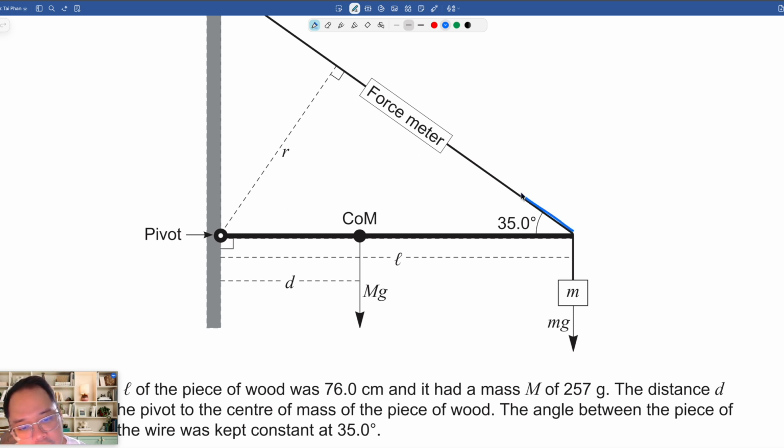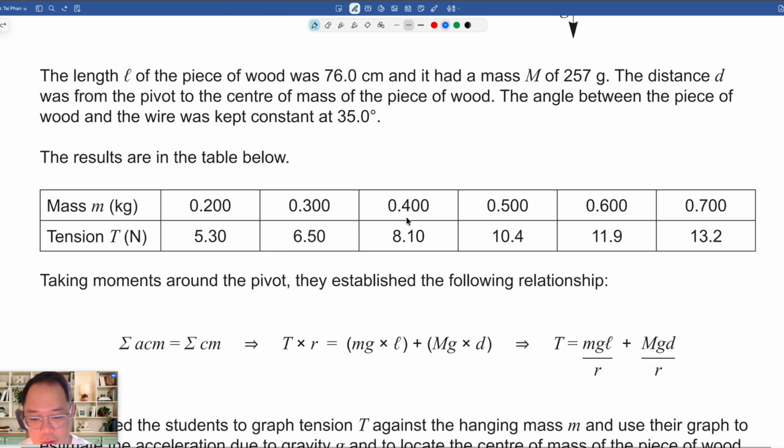This is the tension force along the string, tension T. So this wire is the line of action of the tension force. Therefore, the distance r here, drawn perpendicularly from the pivot to the line of action of the force, is the distance that we use to calculate the anti-clockwise moment.